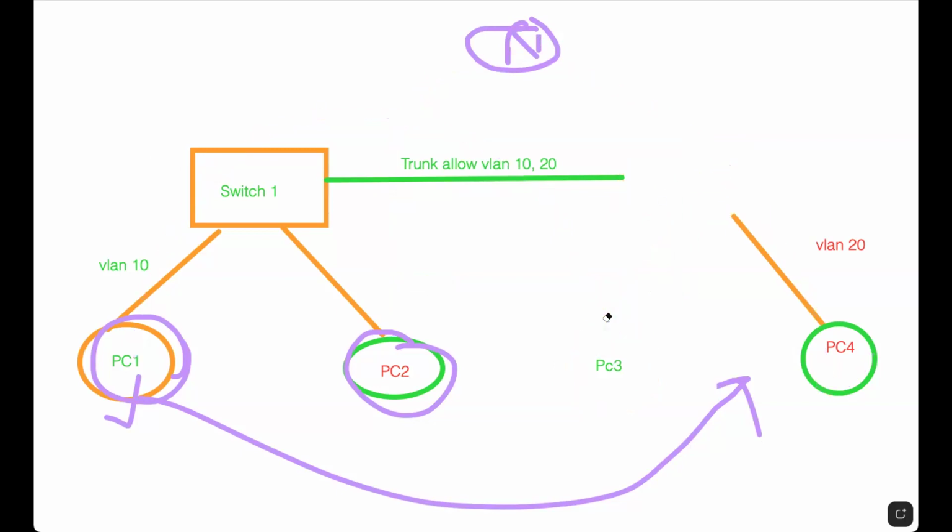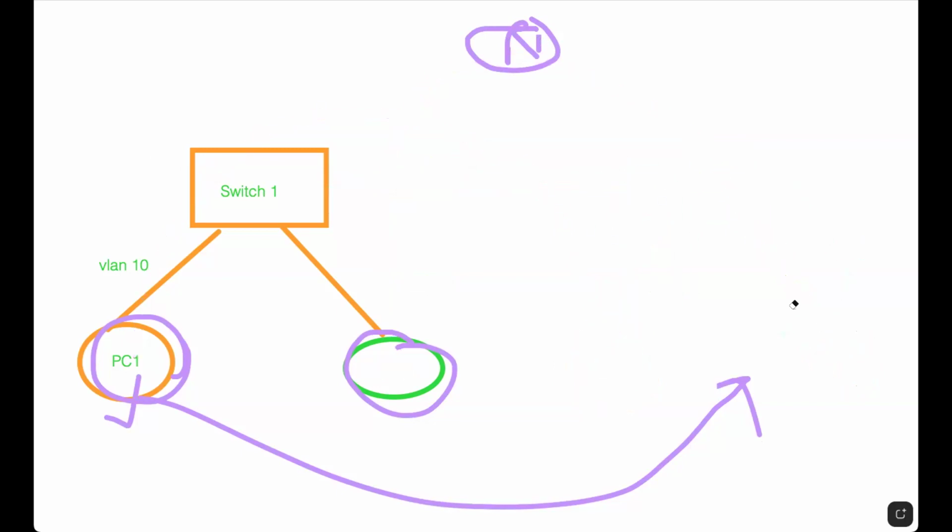I'm going to remove switch 2 and this trunk port, and I'll pick a router. Here from the switch to the router, I'll create a trunk port and allow VLAN 10, VLAN 20.